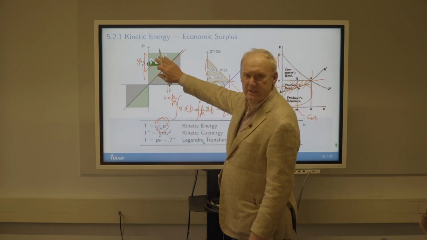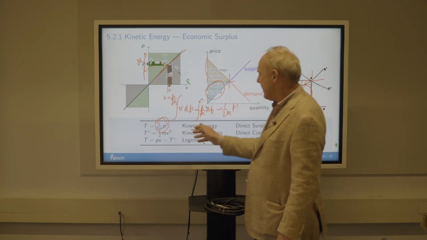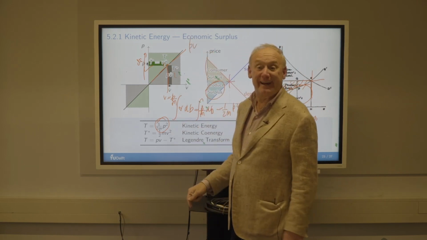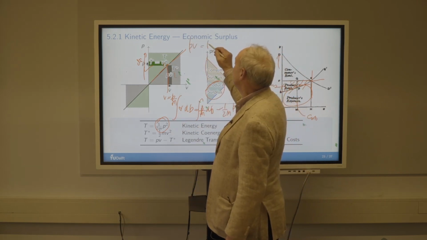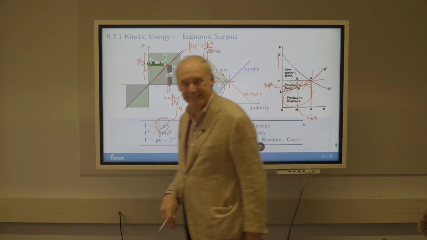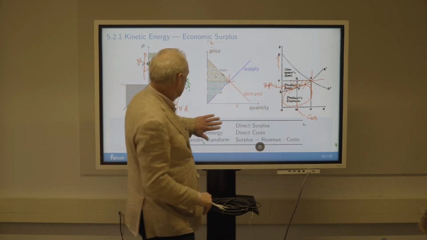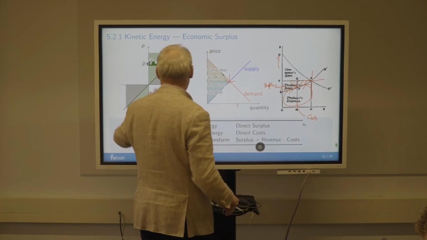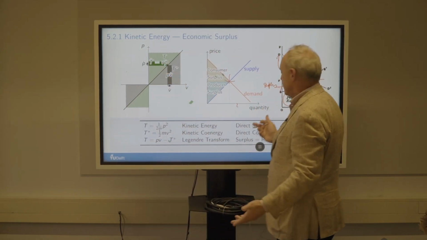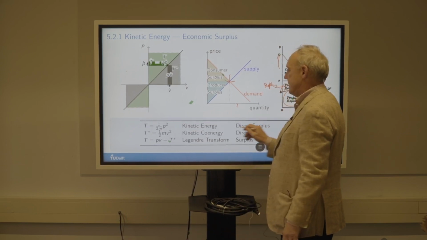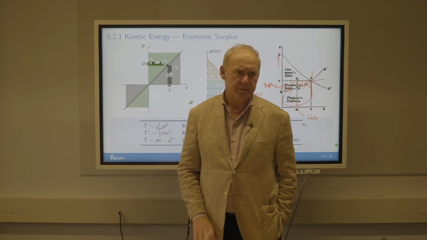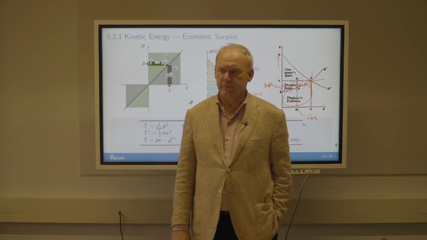I just want you to accept that this area is a half, and look, the whole area is P times V, and that's P squared divided by M, and you need half of it, so there you are. So, just by comparing this and this, you already see that Marshall's idea of surplus must be kinetic energy, if we're to take this seriously.